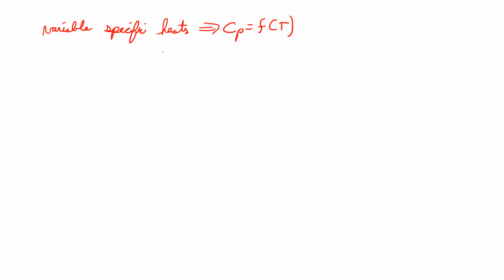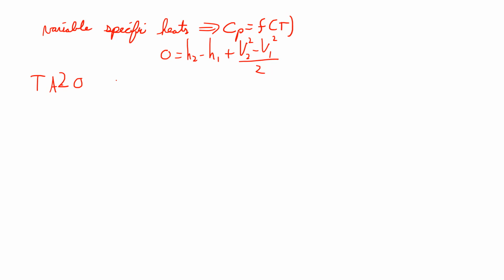So if I rewrite my first law, 0 equals delta H plus delta KE. What I can do is I can go ahead and use table A20.